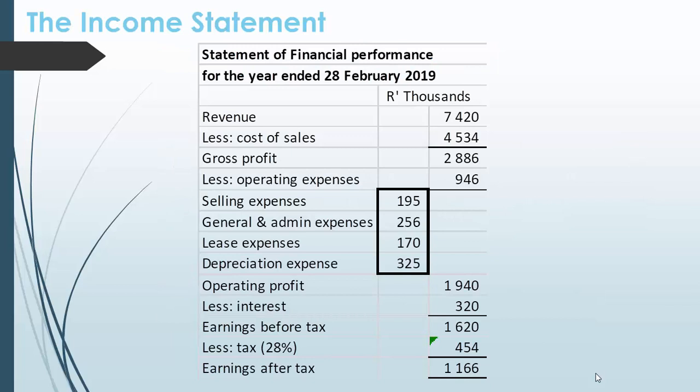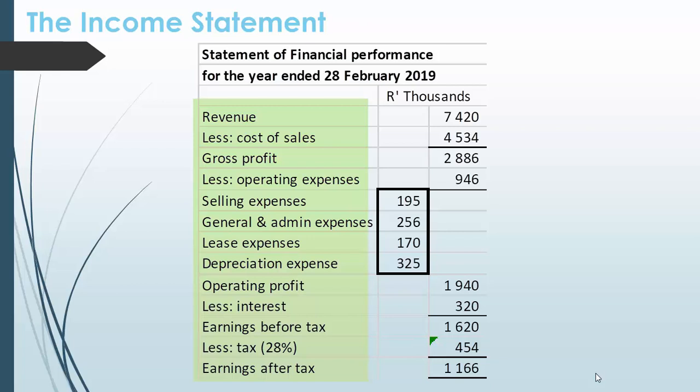So here's an illustration of an income statement. For the year ended, it's the end of the year. These numbers are in thousands of rands, and you can see you've got your revenue less your cost of sales gives you gross profit, less your operating expenses.